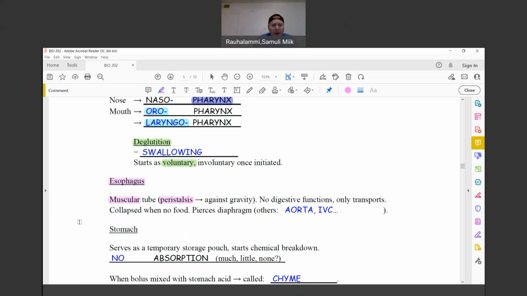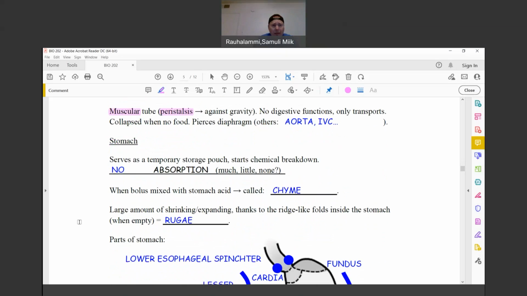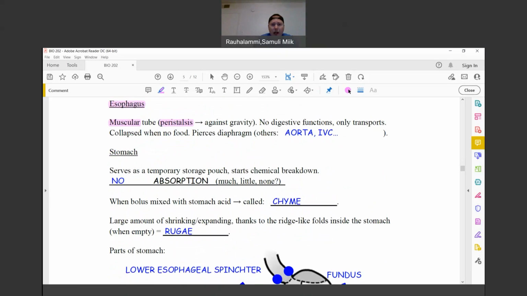What we're going to spend a little bit of time talking about is our stomach. So let's have a look at what we can conclude about the stomach. The stomach really is a temporary storage location for the food. Some of the chemical breakdown starts there, but there is no absorption happening at the stomach, or very little absorption, if any.